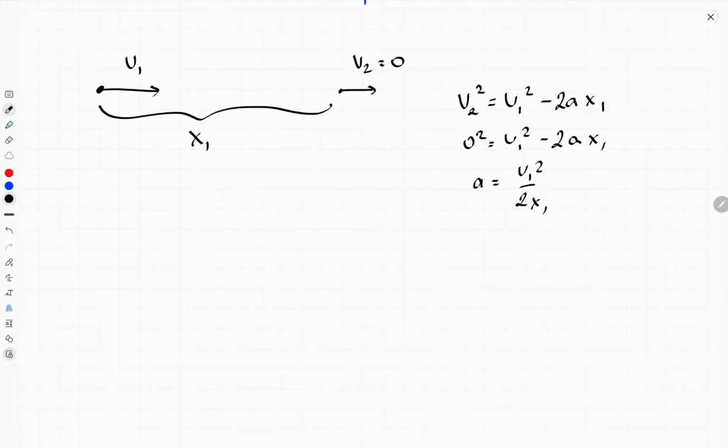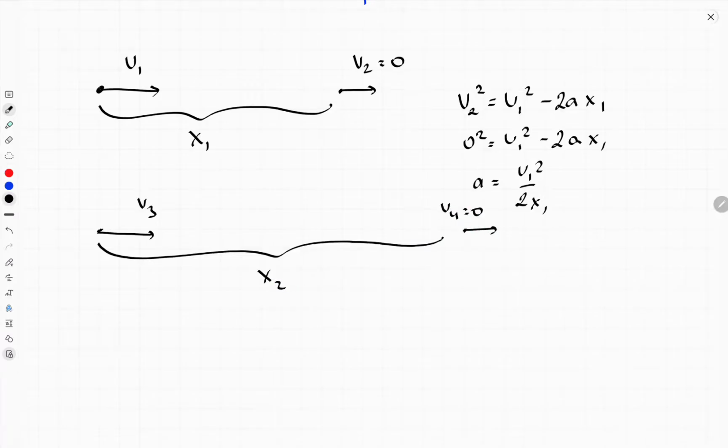Now if we increase its velocity, let it be v3, and of course its stopping distance will be greater than x1, let it be x2, and the final velocity here, let's call it v4, becomes 0, and we need to repeat the same calculation.